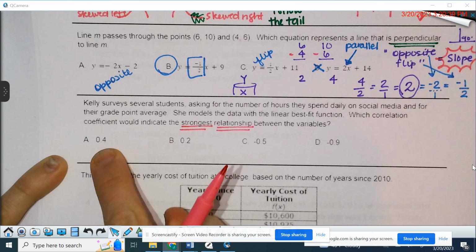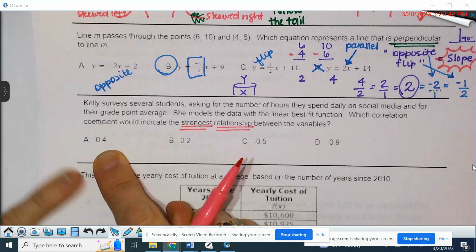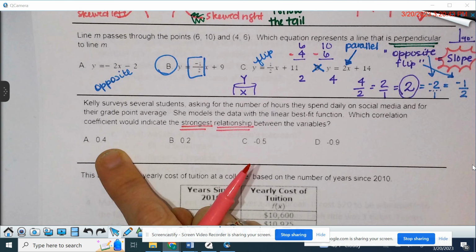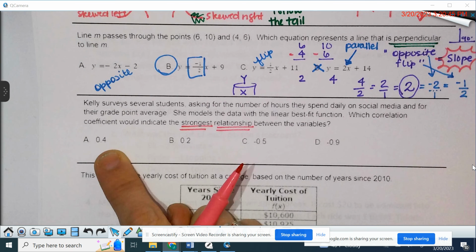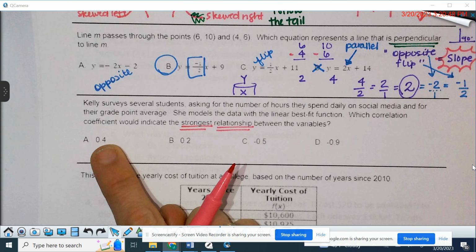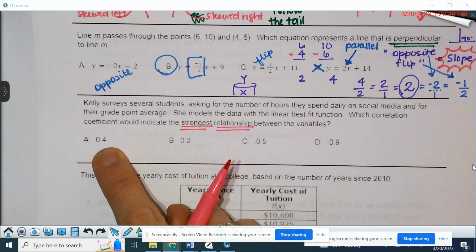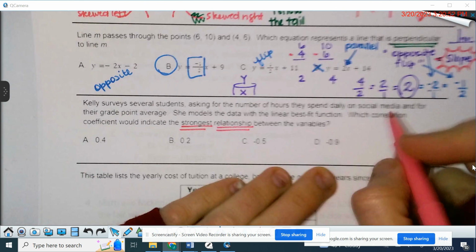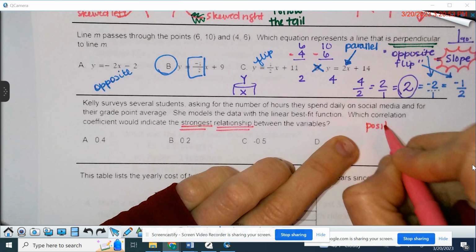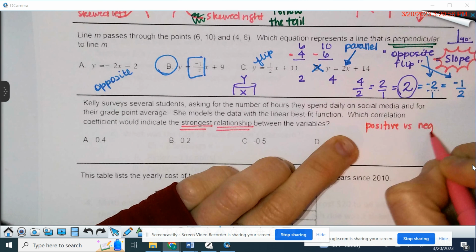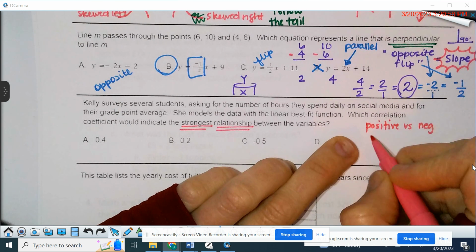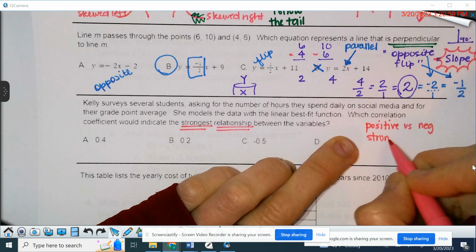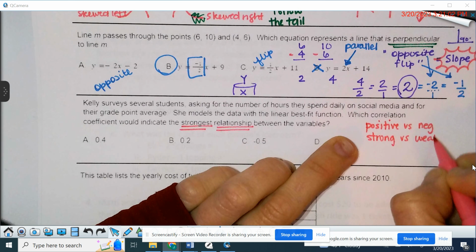Not a terrible guess, but I'm going to throw this out there that it might be your like, I got you answer. And the reason being is because strong, you're thinking positive and negative. So positive versus negative are a separate question versus strong versus weak. A strong negative is still strong.